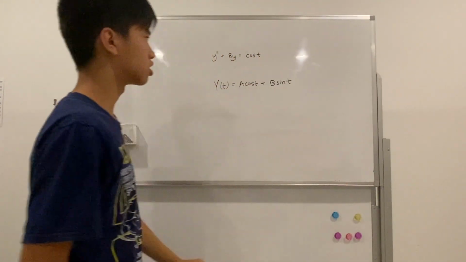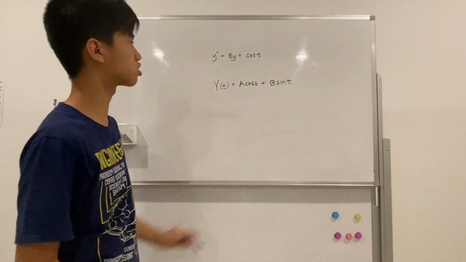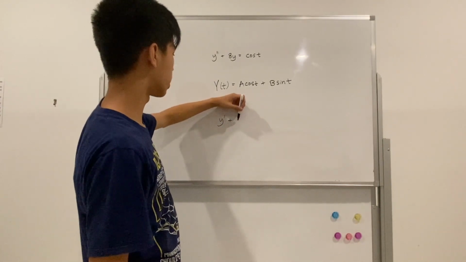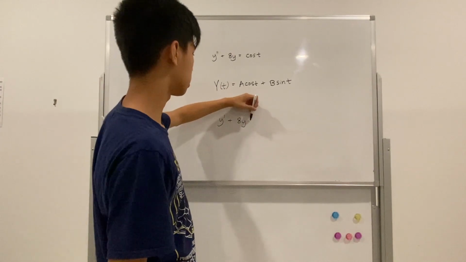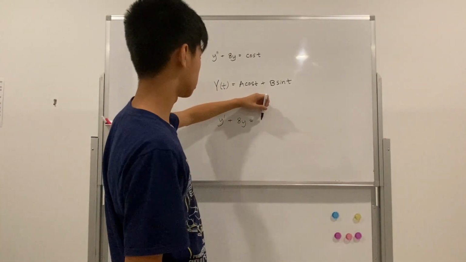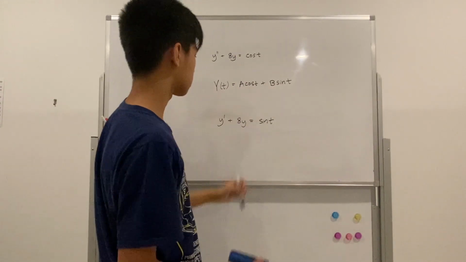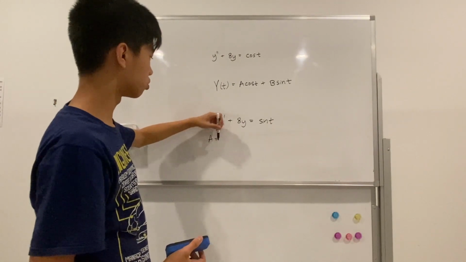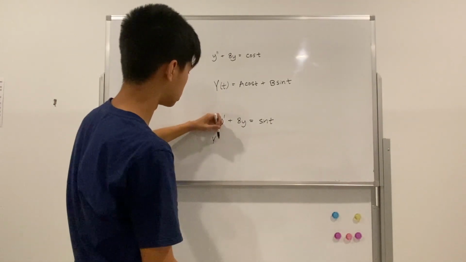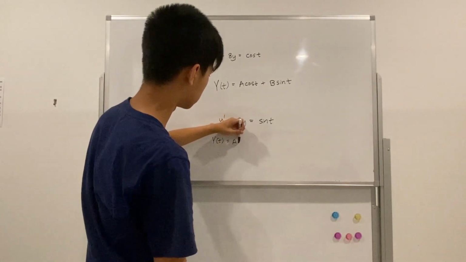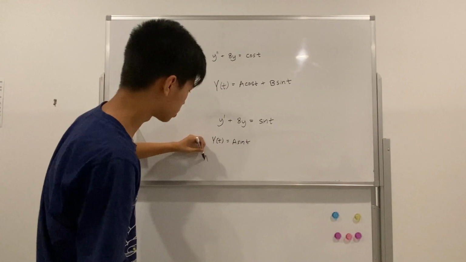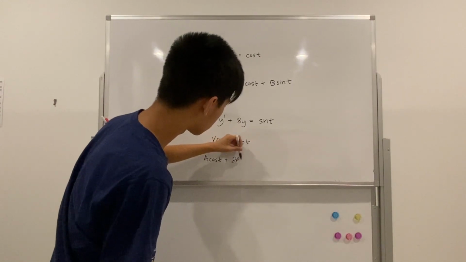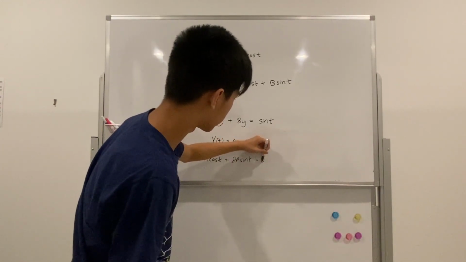And you may ask, well, why? Why do we need this extra b sine of t? Well, let's say I gave another equation like y double prime plus 8y equals sine of t. If your test function was just a sine of t, you're going to be left with a cosine of t, which is the derivative y prime, plus 8a sine of t equals sine of t.